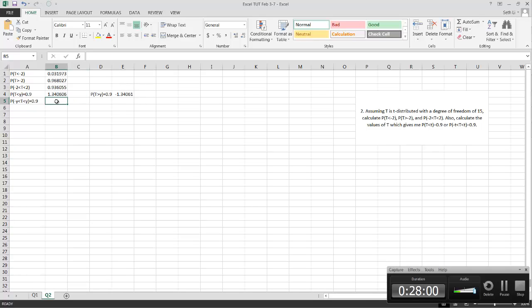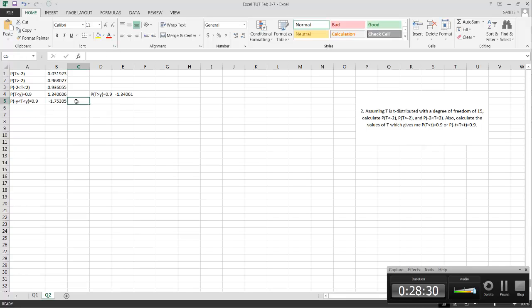This question now asks us for y in a range, so that the probability of t is 90 when it's between y and negative y. In this case, we can actually use a similar method that we did with the normal distribution. So we take t inverse, and then because we know it's 0.5, and the degrees of freedom 15.